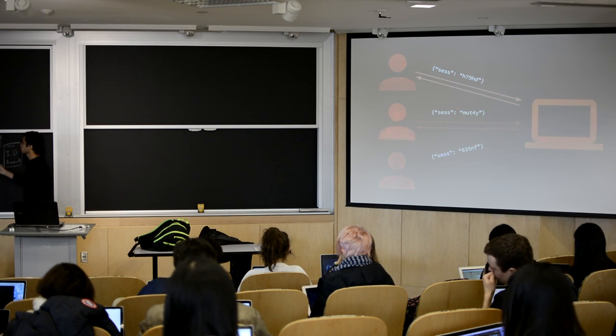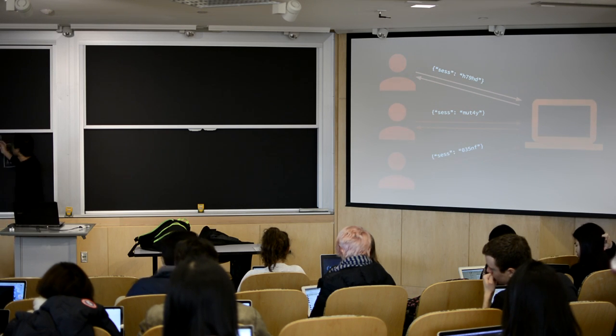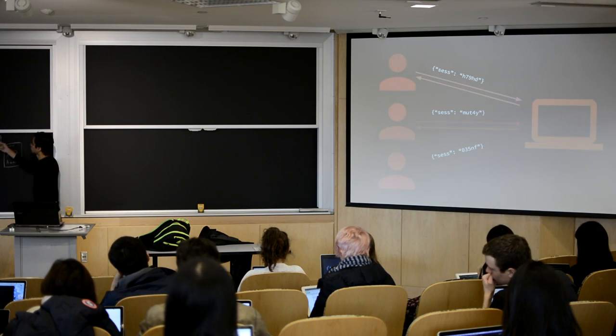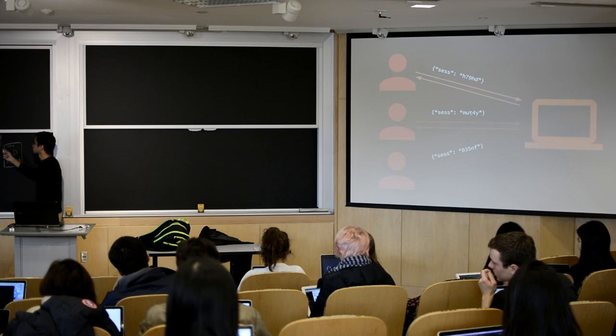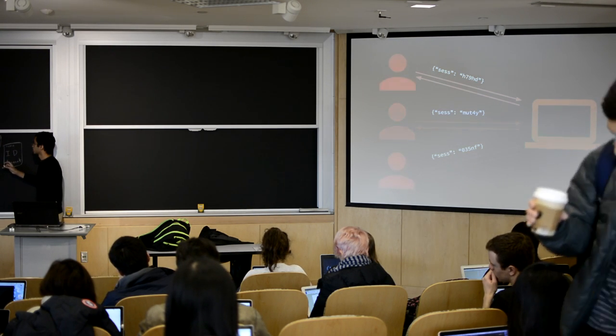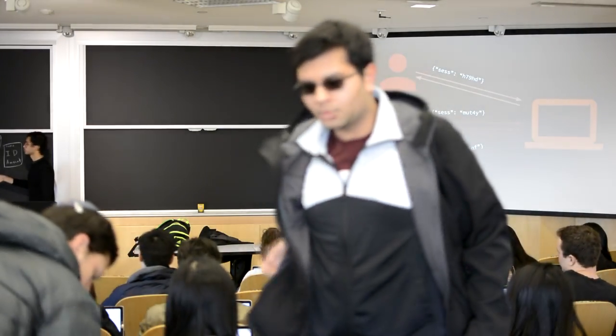So when I go to the bank, I tell the bank my name and my ID, and the bank looks up my name and my ID in its own table. Since the ID I gave matches the name I gave, the bank says, okay, this is Aashish, I'm sure this is him, and I'm going to give him some sort of token that he can use in the future.